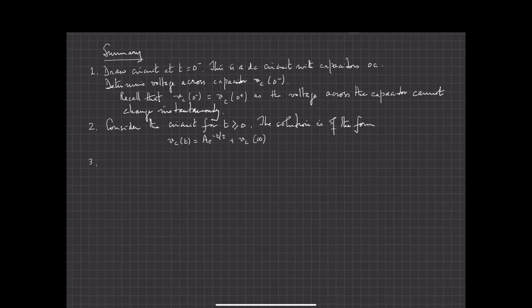To determine tau, you kill the circuit. This means, in general, open circuit all independent current sources, short circuit all independent voltage sources.